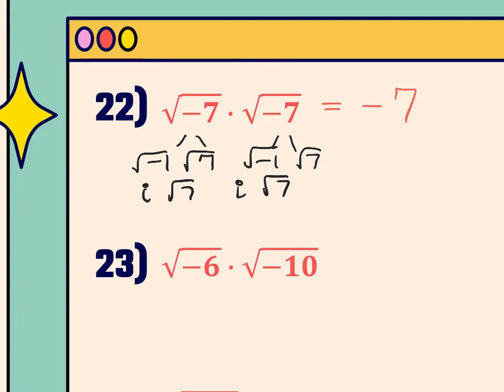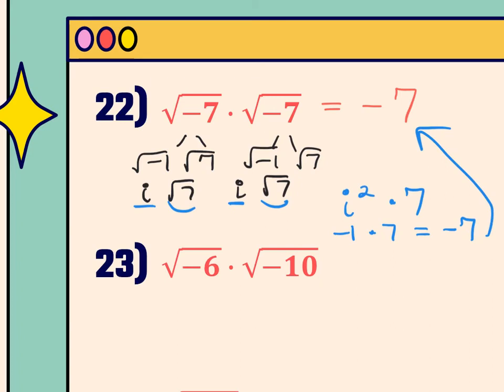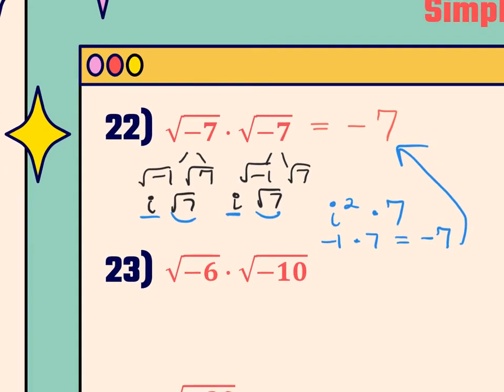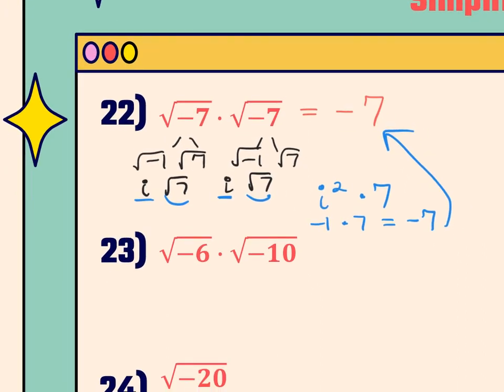I multiply everything that comes out, so i times i gives me i squared, and then a pair of square root 7s comes out as a perfect square. Remember, i squared is negative 1, so negative 1 times 7, same answer I got when I realized I had a pair of negative 7s. And that's how you can do it the long way.